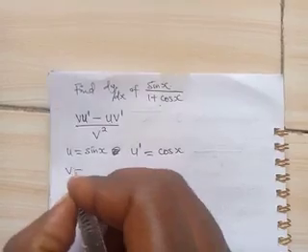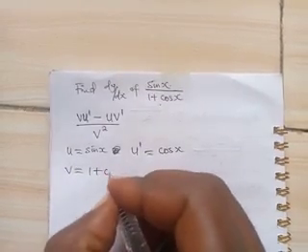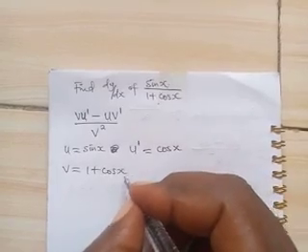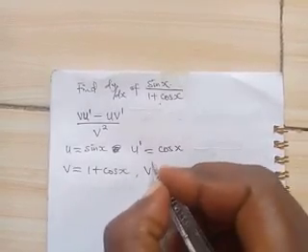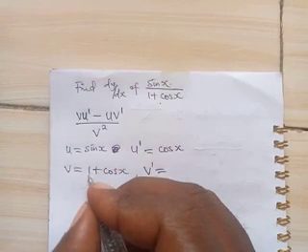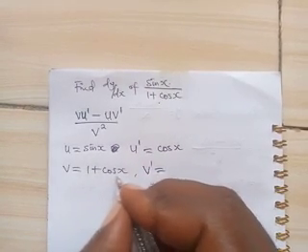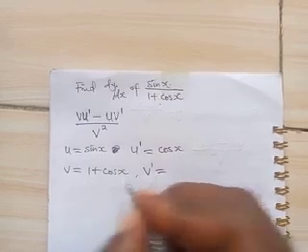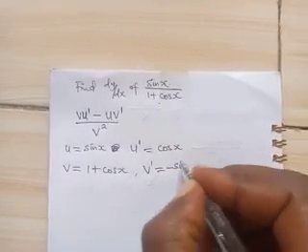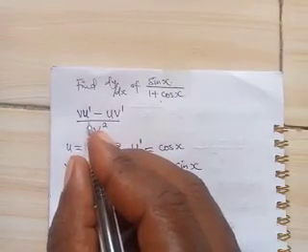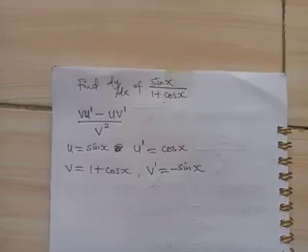So we say our v is 1 plus cos x. Now, since we have gotten that, our v prime will now be, if we differentiate this, we'll get 0. If we differentiate cos x, we're going to get negative sine x. So negative sine x.